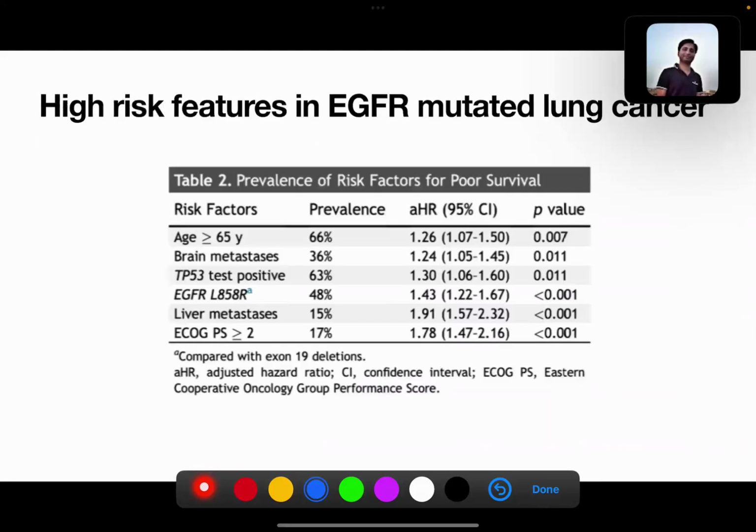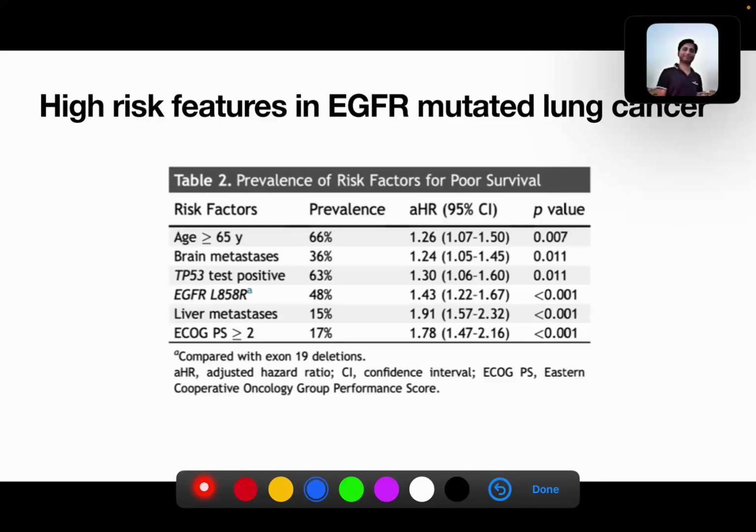Right? Okay. So before we get into combination therapies, let us look at the high-risk features in EGFR mutated lung cancer. So these are some of the high-risk features that patients can have, which makes those patients less susceptible, with less effective outcomes with EGFR TKIs alone, right?